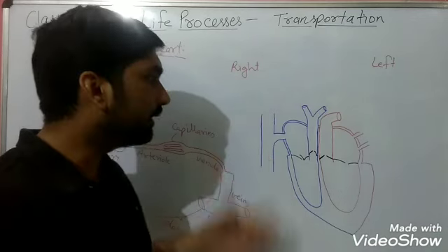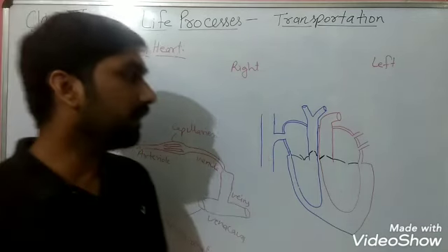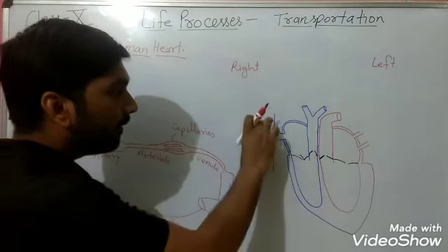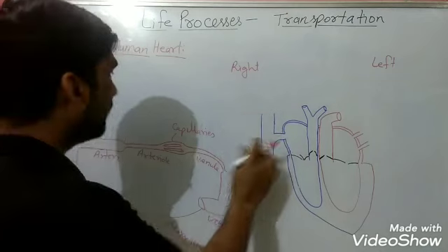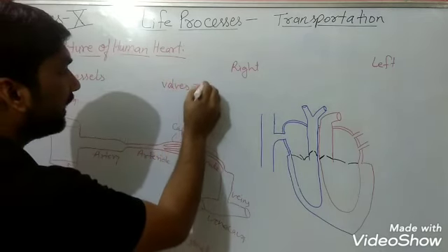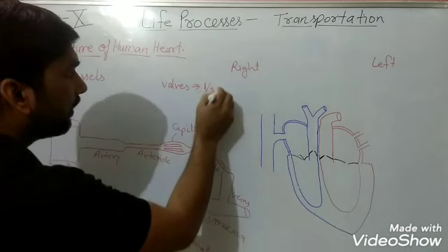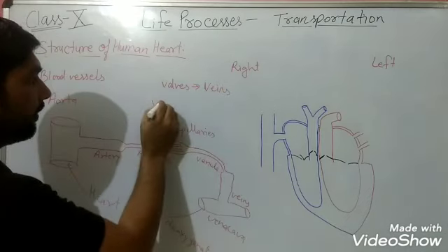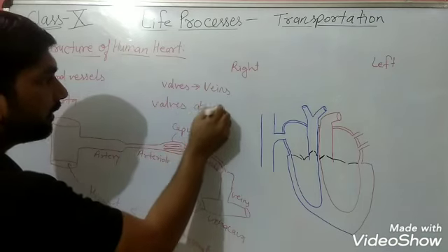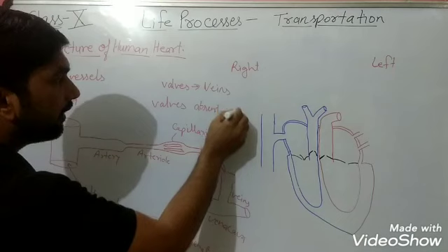Thin walls. One more question is asked in the exams very frequently: why do veins have valves? Means valves will be present in veins, but valves are absent in arteries.